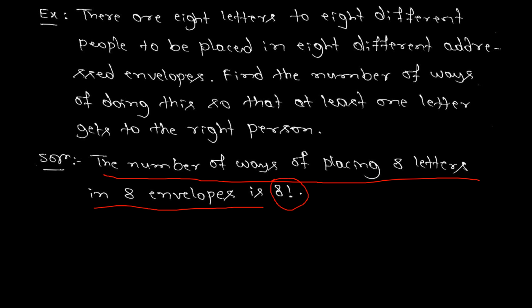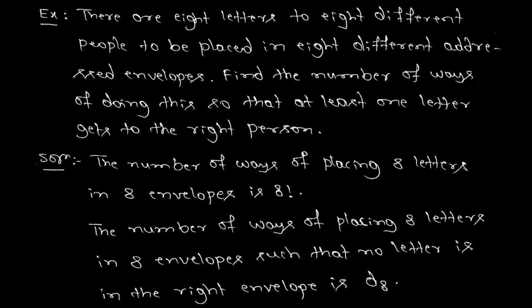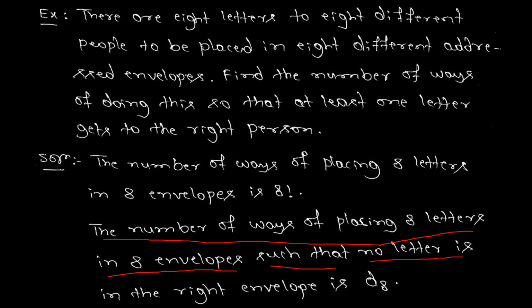Now the number of ways of placing 8 letters in 8 envelopes such that no letter is in the right envelope is the number of derangements of 8 letters.